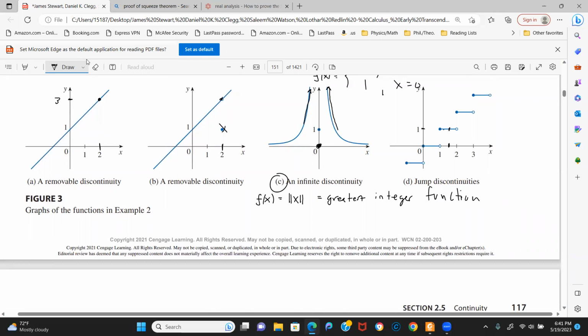And basically how you evaluate it is f of x equals the integer. What's the best way, I'm trying to state this rigorously. So that equals the smallest integer greater than x.